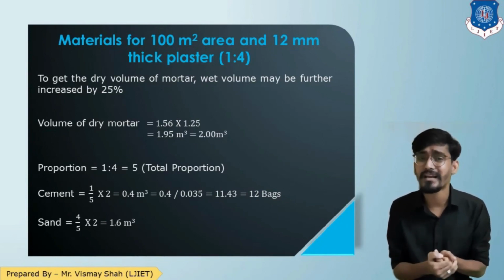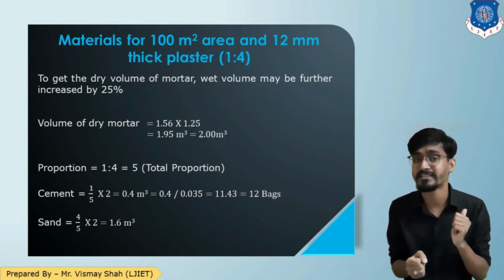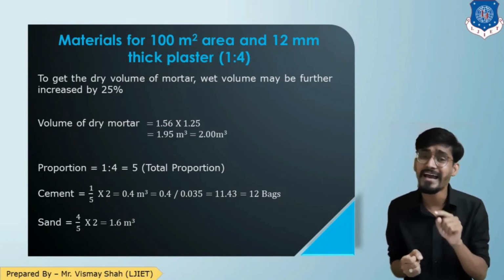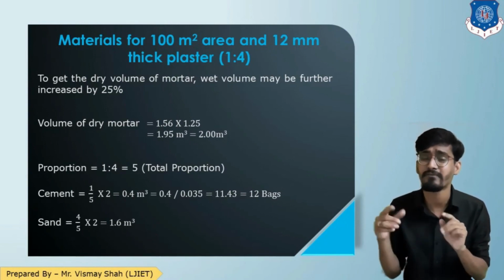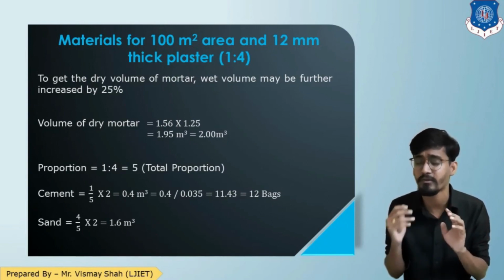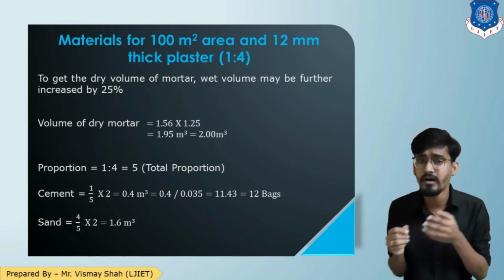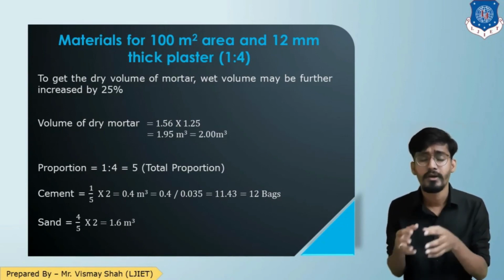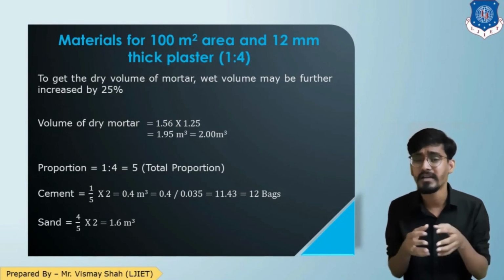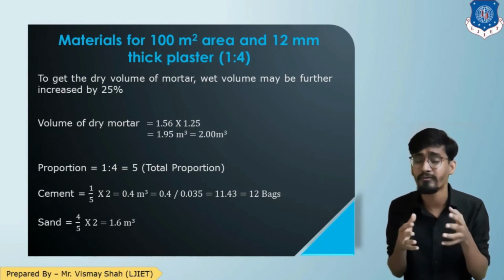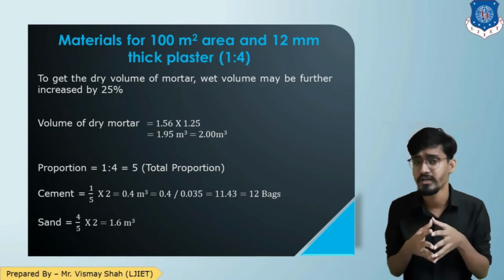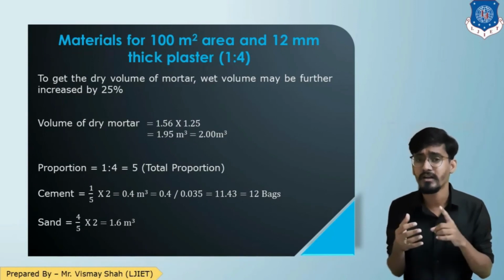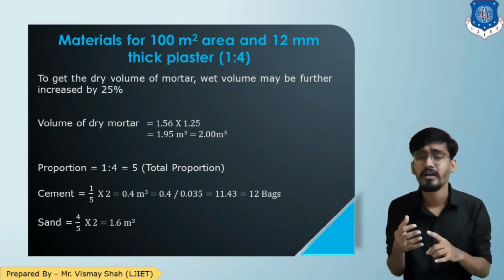The labor cost you can get directly from the NBO, the National Building Organization, which I have talked about. They have directly given the number of labors required for different quantities of different items of work, and you know the daily wages. So you can get the labor cost, but you can't get the material cost if you don't know how to calculate the material quantities. So what we have learned in this session is very important.